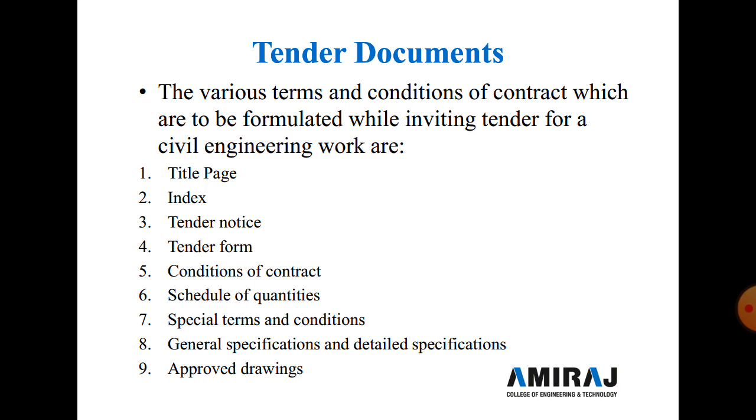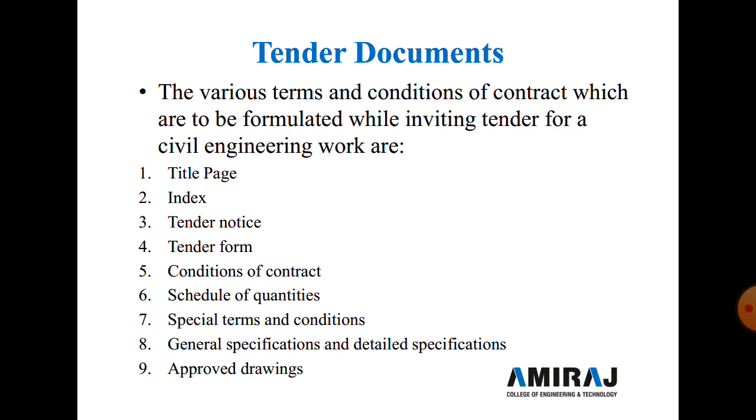And third is the tender notice. It contains a brief description of the project or of any construction work, and it is intended to create competition among the contractors who are interested in the work.